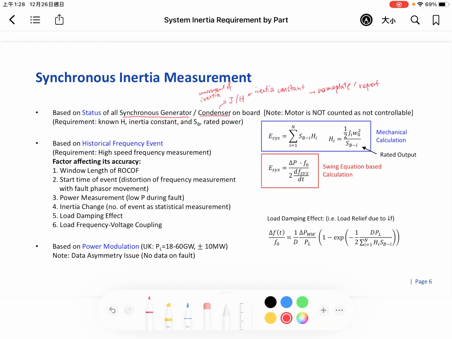And by using these kinds of equations, you multiply the rated output with the inertia constant, that is about the system KE, and try to sum up all the generators' KE, then it will be the system KE.